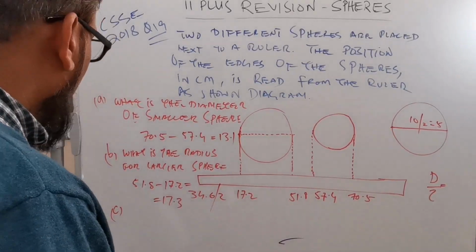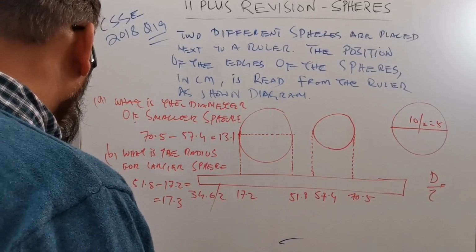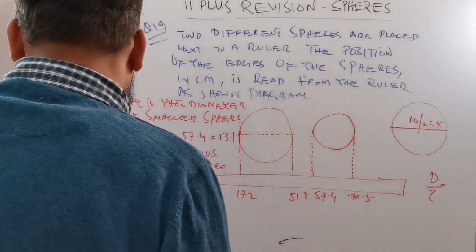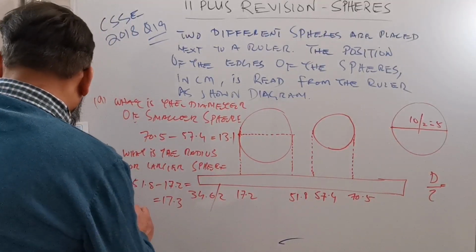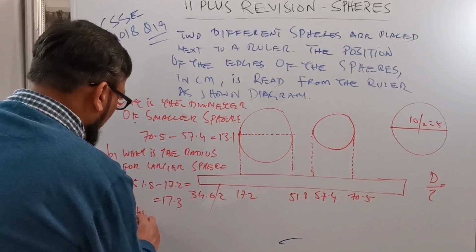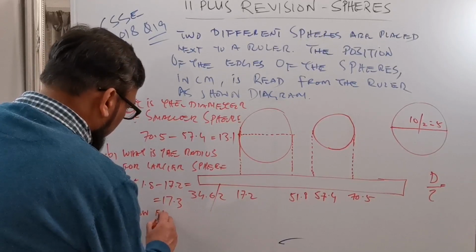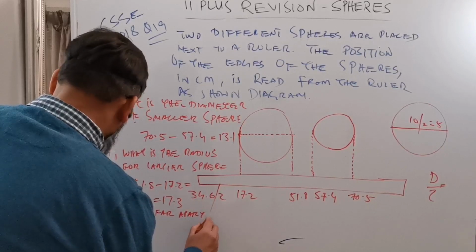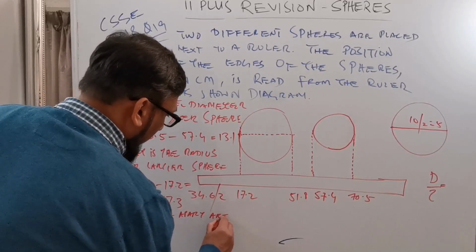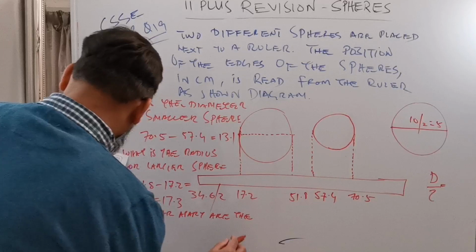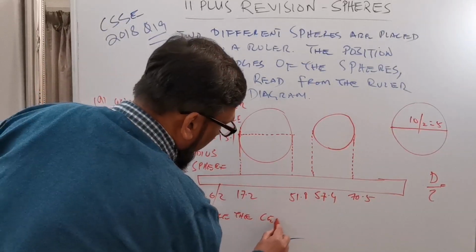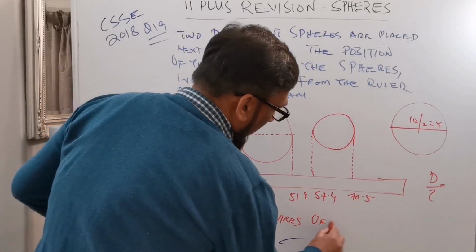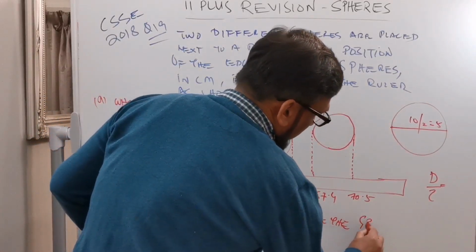Part C: how far apart are the centers of the spheres?